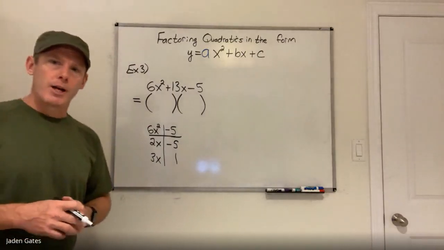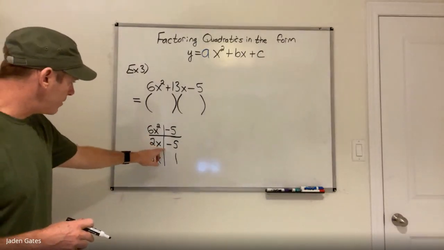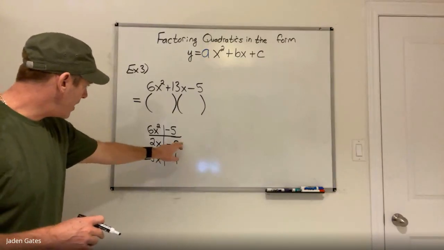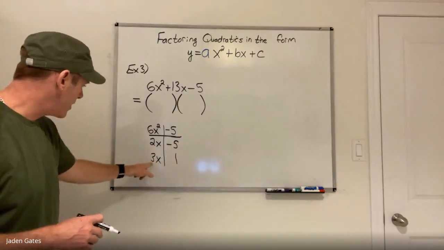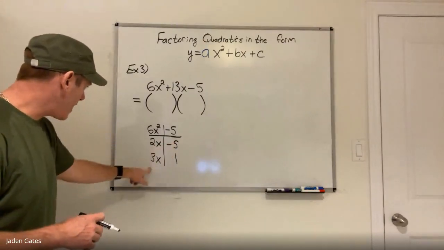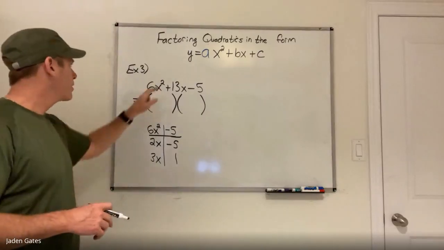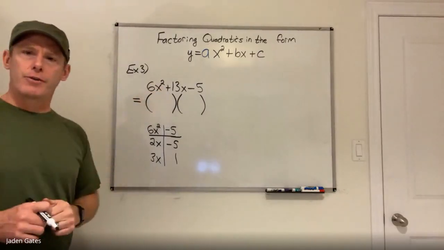Just again, trial and error. So let's crisscross here. So I have 2x's minus 5 times 3x, -5 times 3x is 15x. So I have a -15x plus 2x's. That's a minus 13x. I need a positive 13x, so I got the right number.